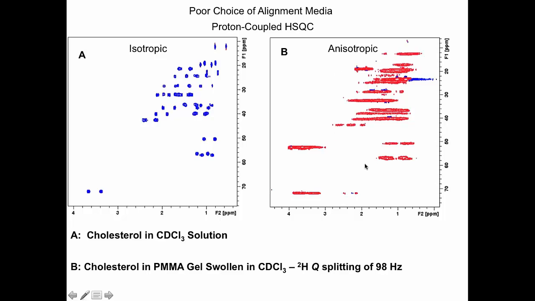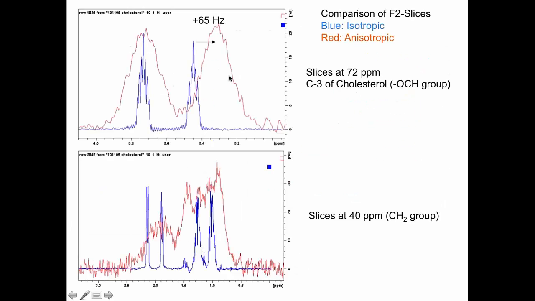For example, here, this is done in a regular 5 millimeter tube, self-stretched gel, and I on purpose put cholesterol. The quadrupolar coupling of the deuterium here is 98 hertz, and this is what you see compared to the isotropic. If you try to measure an RDC in F2, the red is the isotropic. Here you can measure plus 65, but if you want to measure here for a CH2 group, good luck.